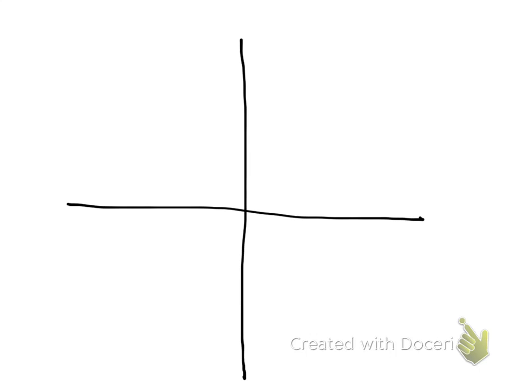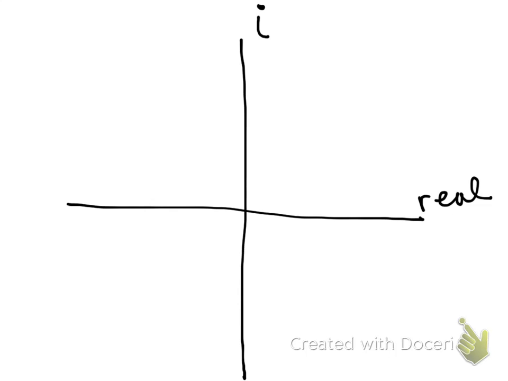All right, so in your homework, it will ask you to graph on the complex plane. The way you graph on the complex plane is very similar to the way you graph on a regular XY plane. The only difference is this axis we call the real axis, this axis we call the imaginary axis.